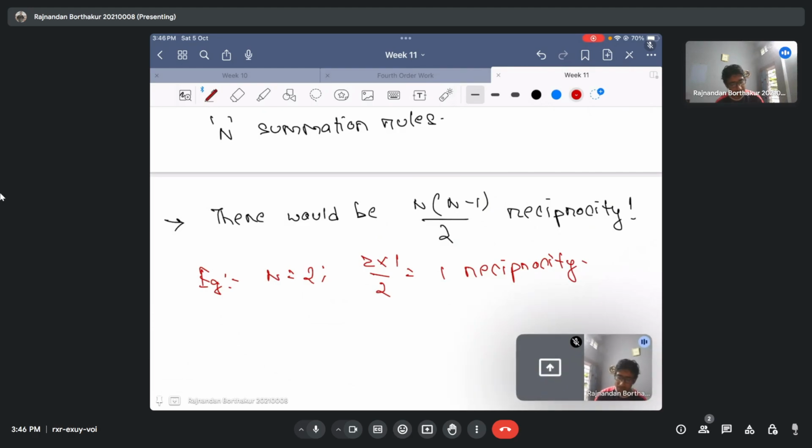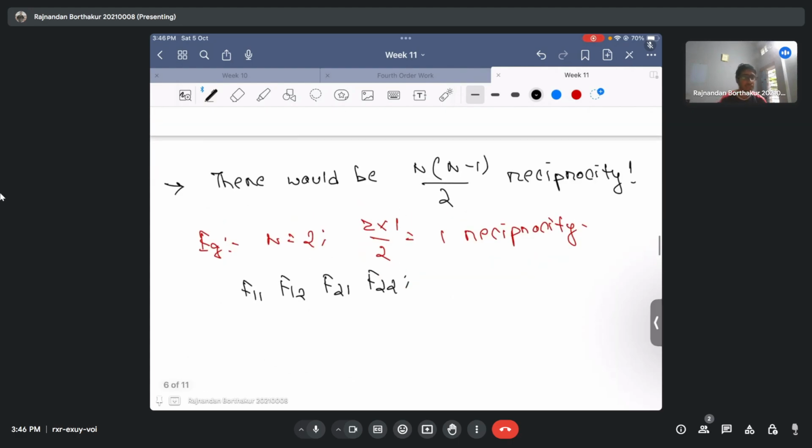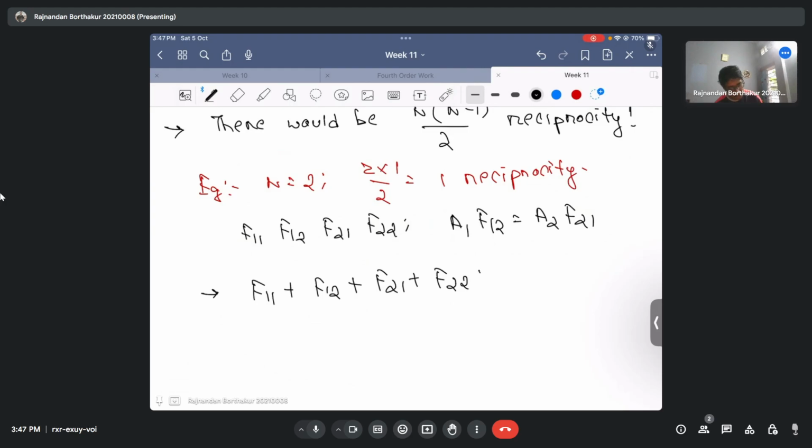Because if I have two surfaces, the total number of view factors would be f11, f12, f21, and f22. And the total number of reciprocity relations is just one, because I will just have A1 times F12 equal to A2 times F21. And I also have the summation rule, which means that f11 plus f12 plus f21 plus f22 is equal to 1.